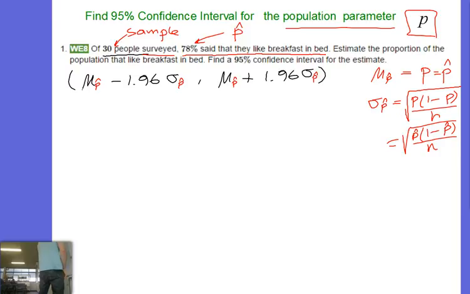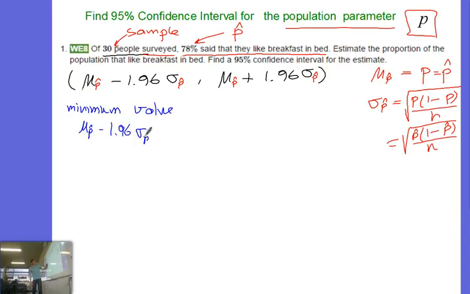So first off, let's get the minimum value. The minimum value is the mean of the p hat distribution minus 1.96 times the standard deviation of p hat.